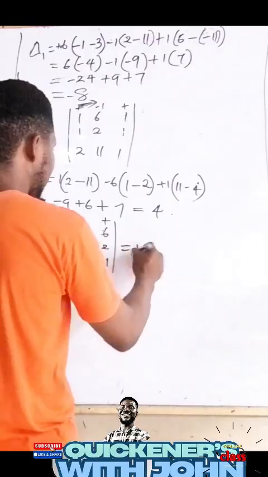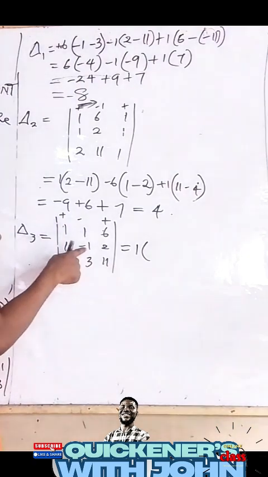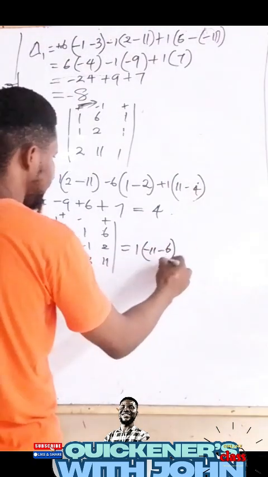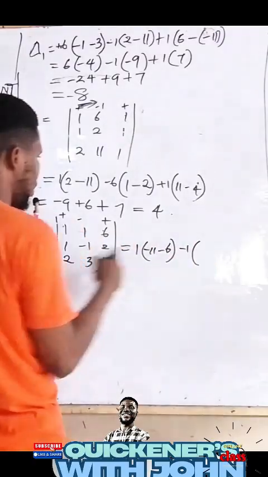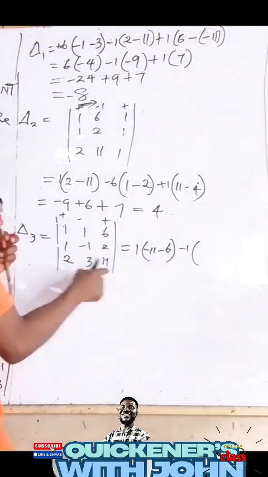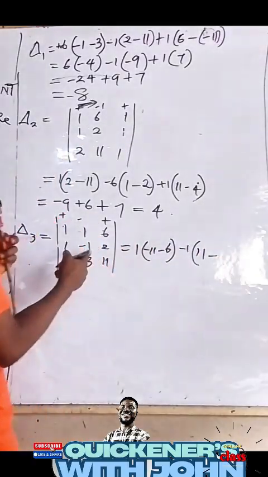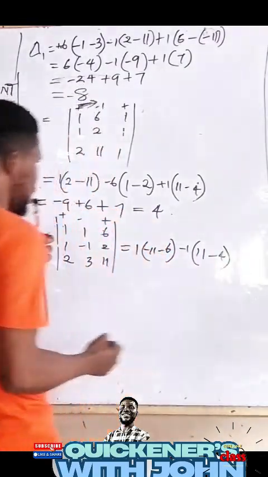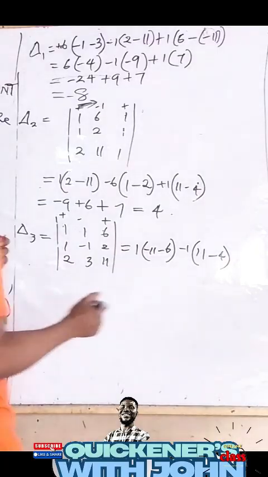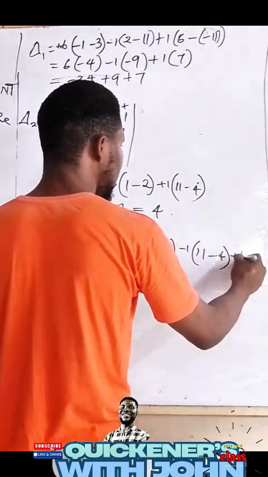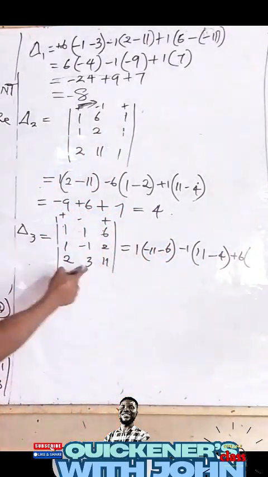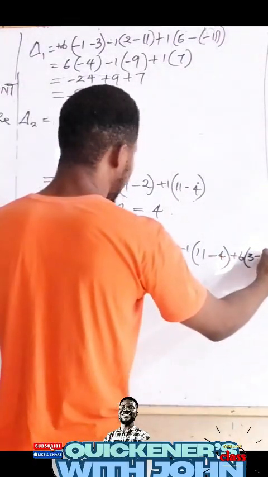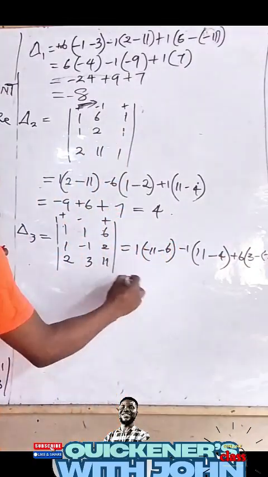So I'll have 1 open bracket plus 1 open bracket minus 1 times 11 minus 11 minus 2 times 3 is 6. The last one minus 1 open bracket 1 times 11, 11 minus 2 times 2, 4. Okay? Then the last one plus 6 open bracket 1 times 3, 3 minus 1 times minus 2, that's minus 2. Okay, so simplify, you have what?